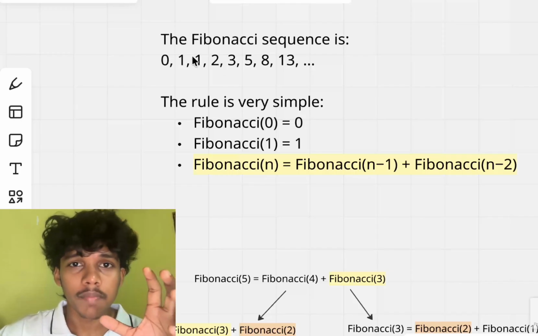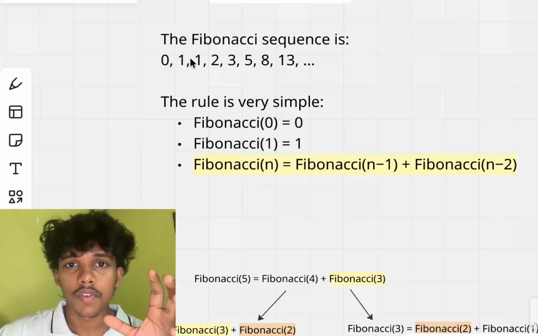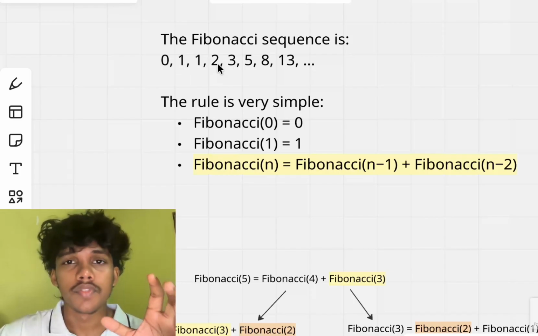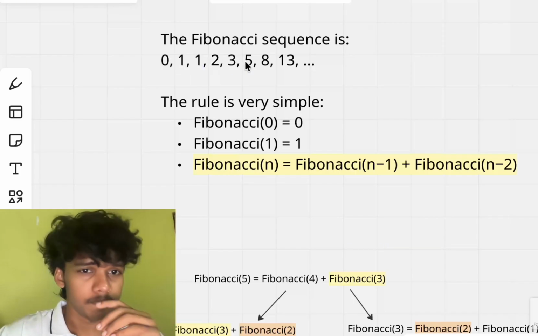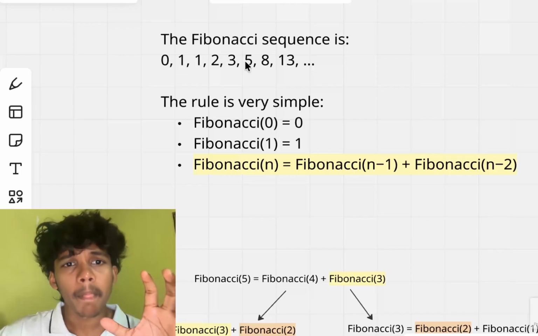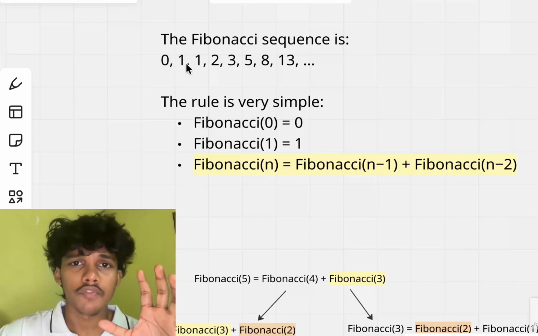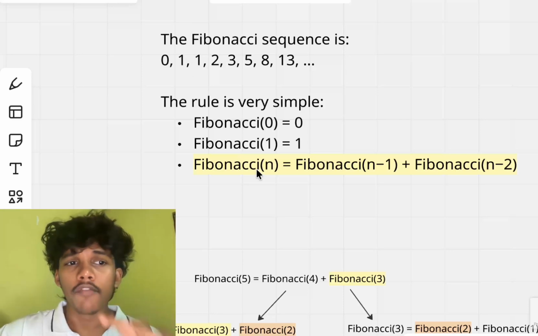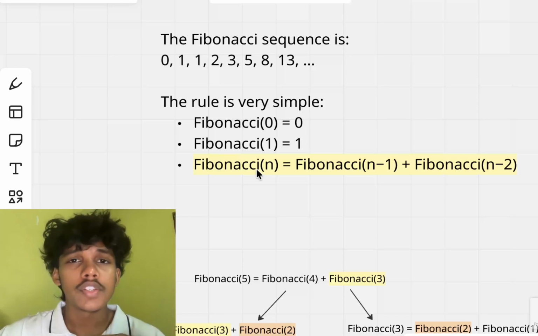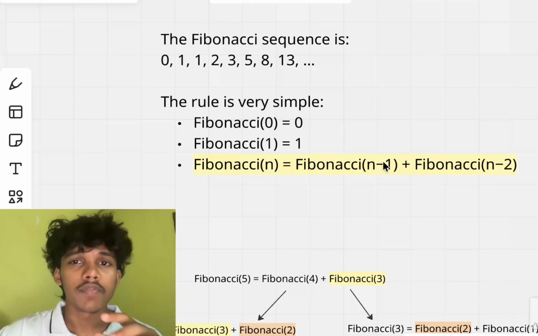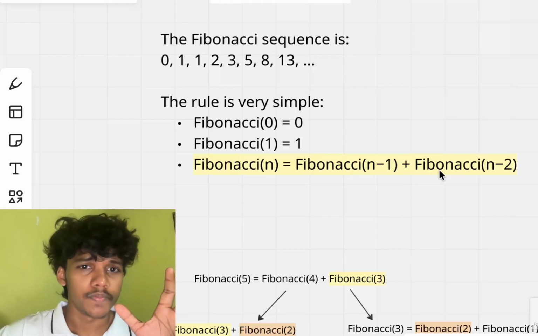So here you can see 0 and 1 equals 1, 1 and 1 equals 2, 1 and 2 equals 3, 3 and 2 equals 5, likewise. So formally, Fibonacci of 0 is 0 and Fibonacci of 1 is 1, and for any other number n, Fibonacci of n is equal to Fibonacci of n minus 1 plus Fibonacci of n minus 2.